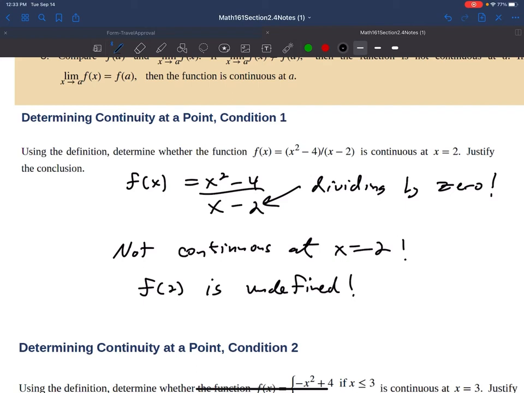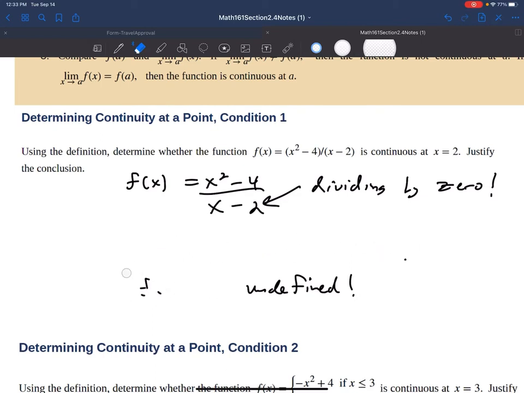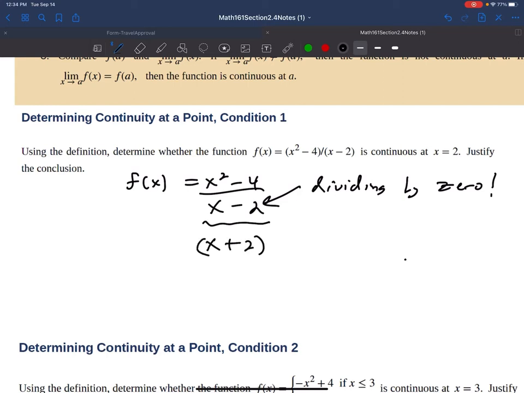And if the evaluation of the function at 2 is an undefined quantity, then we certainly do not have continuity. If you remember from your pre-calc days, I'm not going to go super in-depth with this, that I could actually simplify this algebraically, this expression. I could factor this, x plus 2 times x minus 2 over x minus 2, and notice that the x minus 2's cancel.